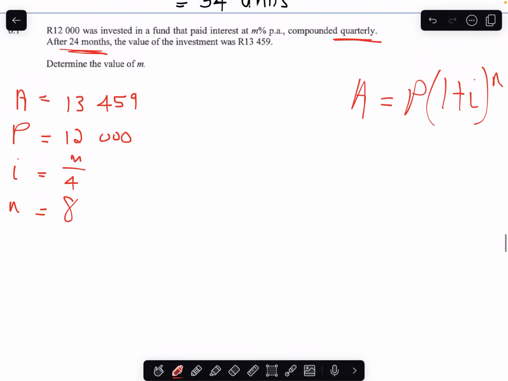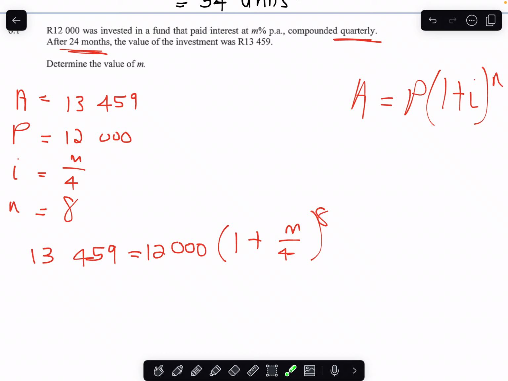Let's put that into our formula. 13,459 is equal to 12,000 times 1 plus M divided by 4, to the power of 8 quarters. Just to double check, 24 months is 2 years. There's 4 quarters in 1 year, so in 2 years it makes sense that there'd be 8 quarters. The compounding happens 8 times.